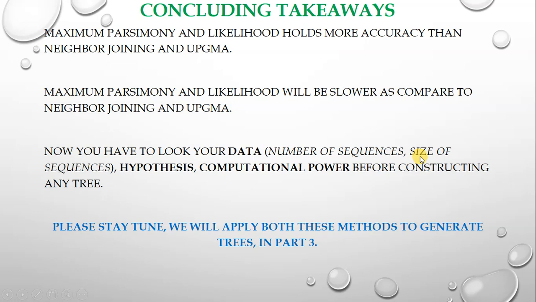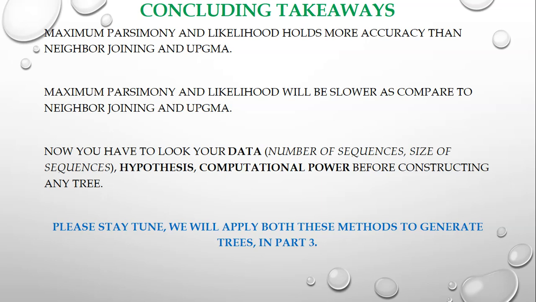The second variable is the size of the sequence. For example, if you are dealing with coronavirus data and the whole genome data, as per my information, the corona genome is composed of almost 29,000 nucleotides. So remember, if you have 29,000 positions in one genome, and you have, let's suppose, 1,000 samples, if you have 1,000 or more sequences, it will take a longer time.